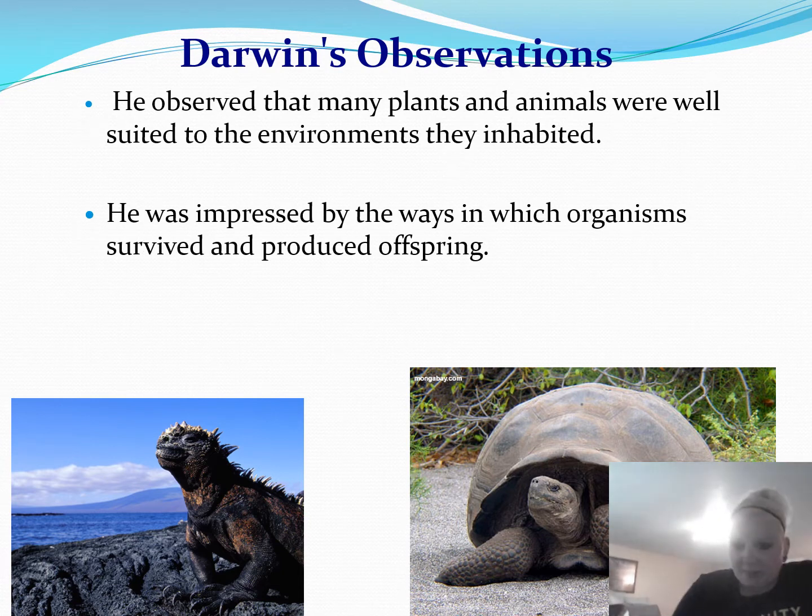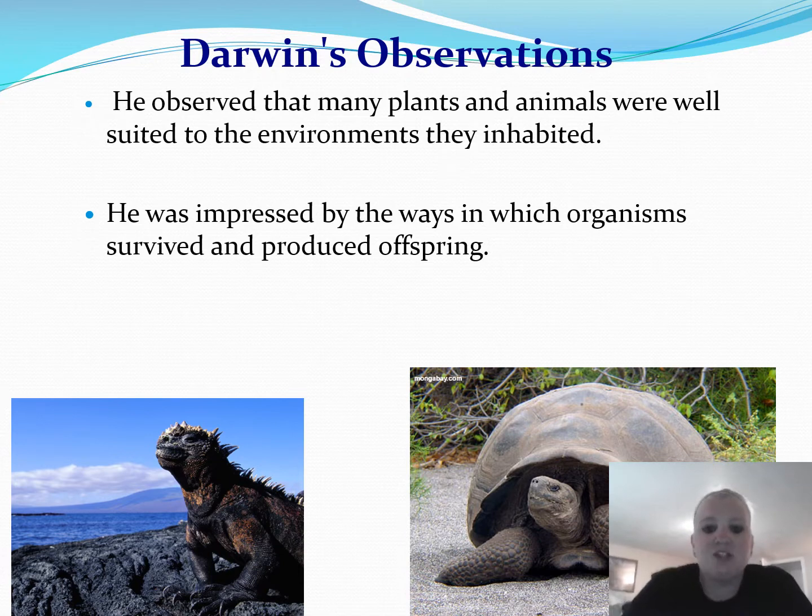And he was really impressed by how they were able to survive with these different adaptations and the ways that organisms actually reproduced. So for turtles and tortoises, they don't just lay one egg. They don't take care of their children once they're born, or their offspring. They lay hundreds of eggs.